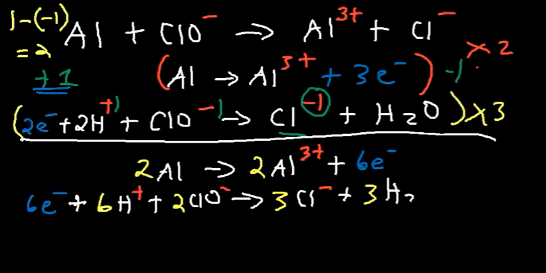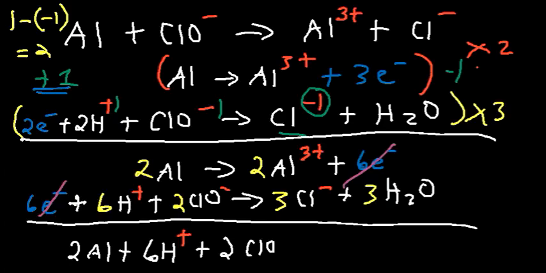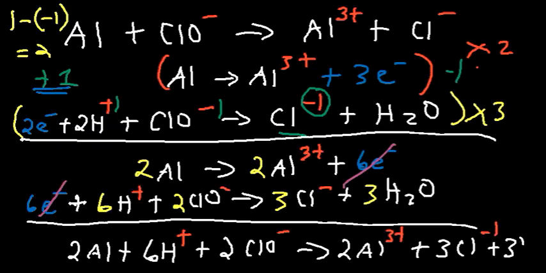Now we can add these two half reactions. The number of electrons will cancel. So we get 2 Al plus 6 H plus and 2 hypochlorite ions, and that turns into 2 Al3 plus, 3 chloride ions and 3 H2O molecules.